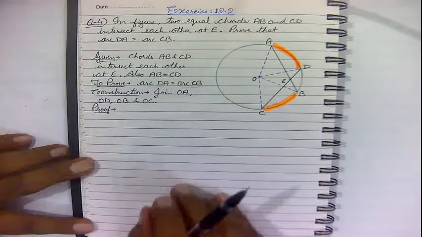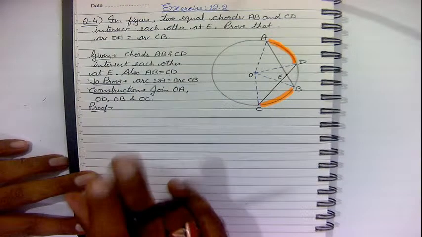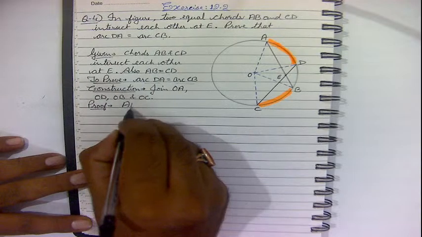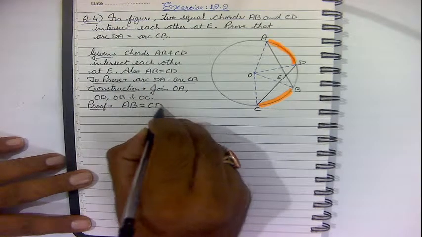Now let us go to the proof part. Now first thing, here chords are equal. AB is equal to CD.